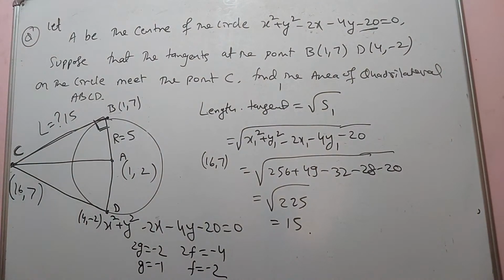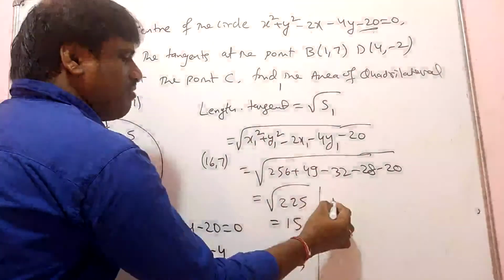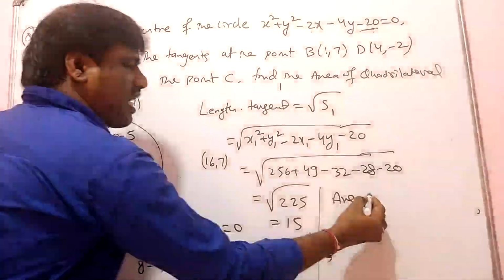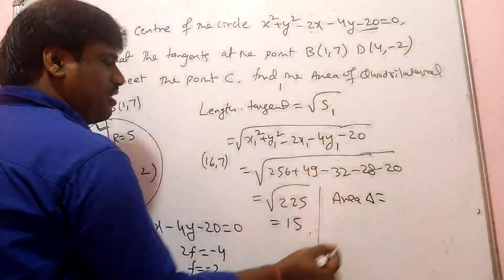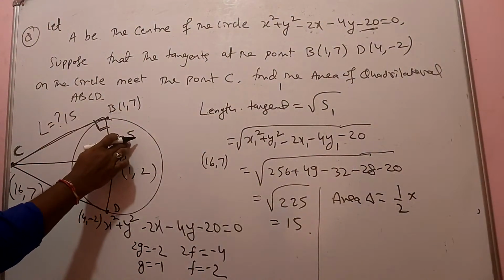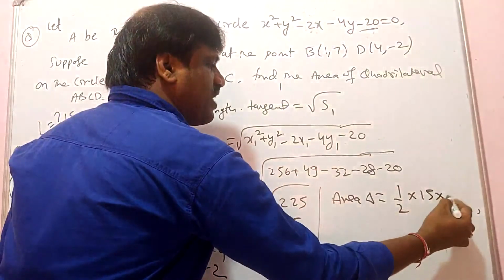Radius is equal to 5. Then the area of the triangle will be half into base into height, 15 into 5.